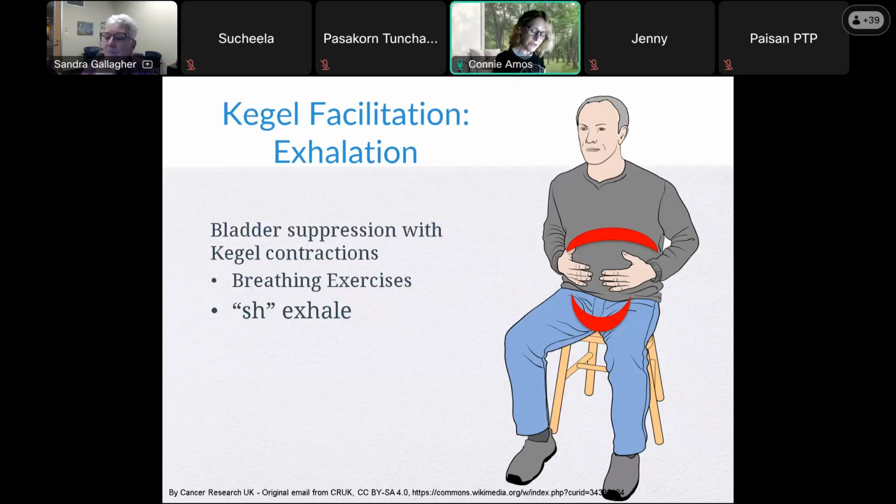So the first one was the ICIQ short form. And then PFDI, pelvic floor distress inventory. And the PFIQ is the pelvic floor impact questionnaire. Right. So if you can just send me the links, I can send them on.